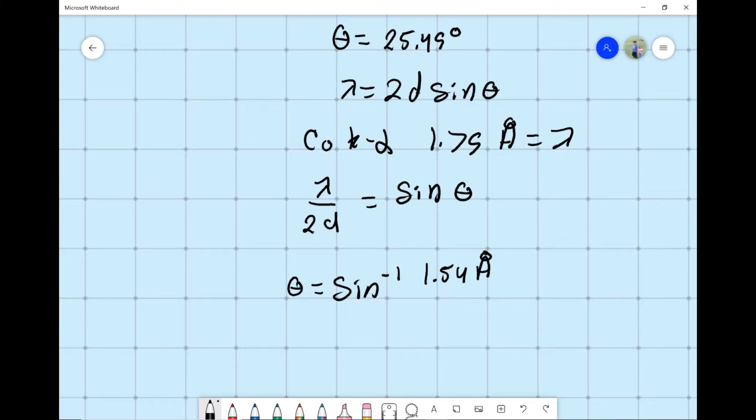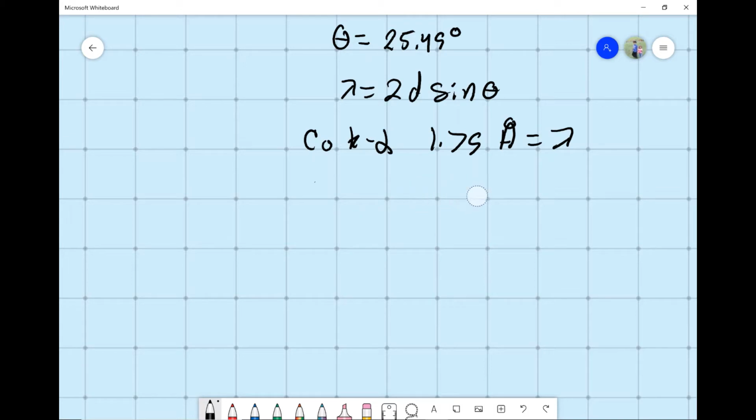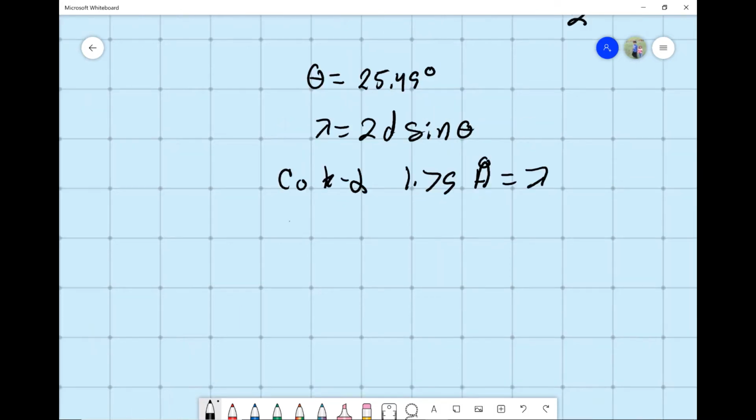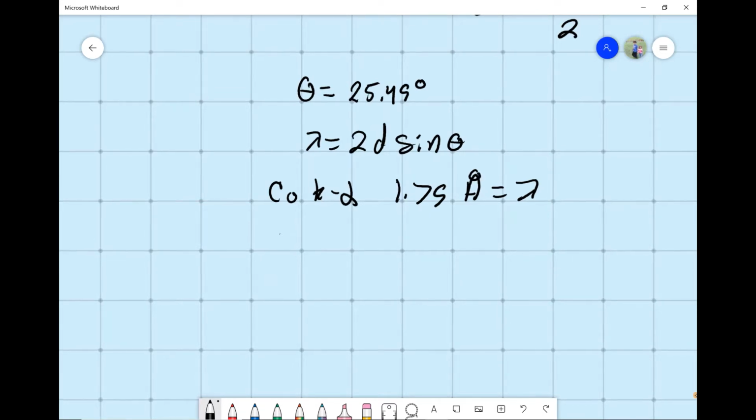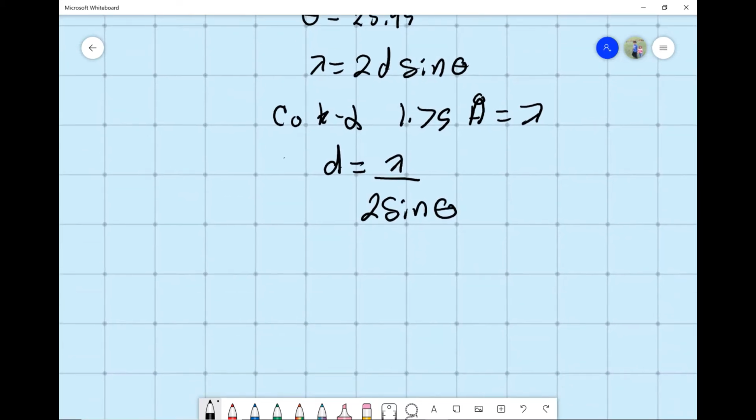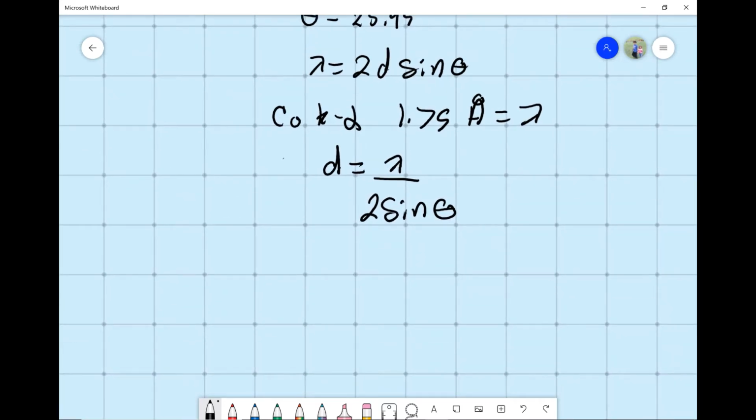We're solving for d. I don't know if I'll edit this out or not, because we already have theta. I made a mistake. d equals lambda over 2 sine theta.